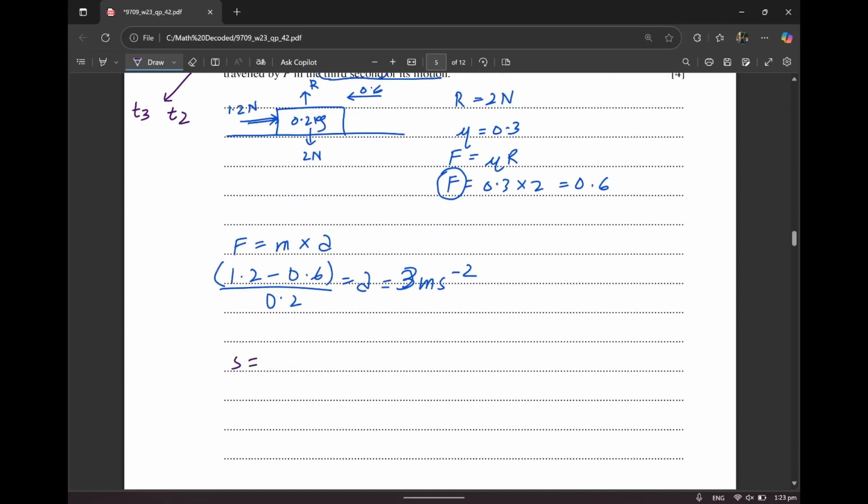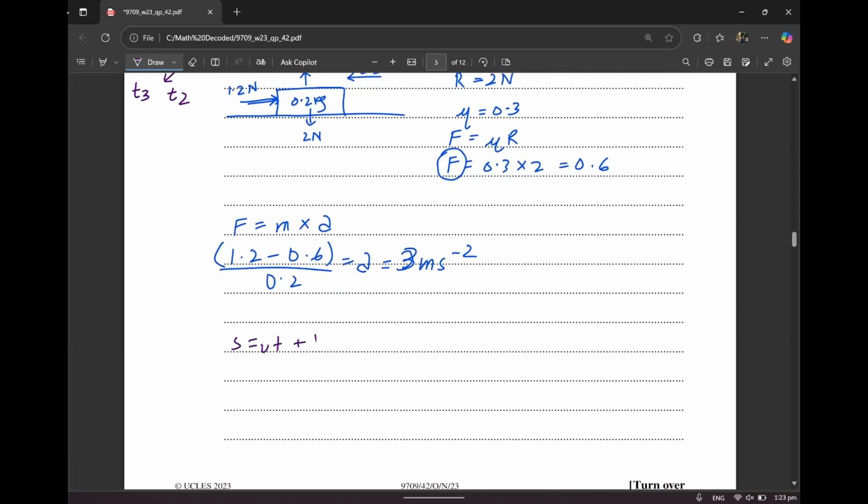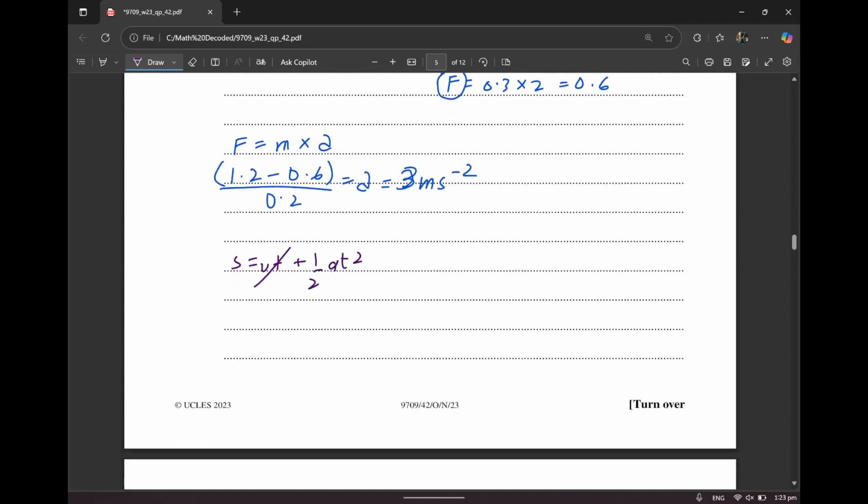s equals ut plus half at squared. This entire thing is going to be 0 because u is 0. So s is equal to half, a is 3. First, I'll take t to be 3 squared. That's going to give me a value of 13.5. Then I'll take t to be 2 squared.